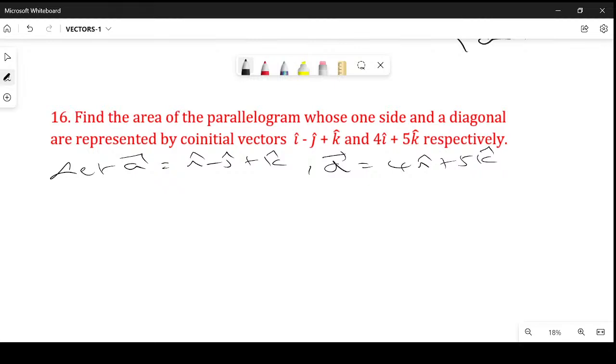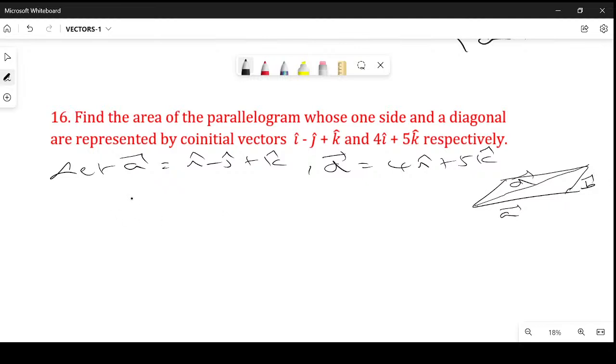Correct. Now, when one diagonal and one side are given, we can find the other side. Always we know that in a parallelogram, with the diagonal and one side given, I have taken one side as a bar and the diagonal as d bar. The other side is b bar.